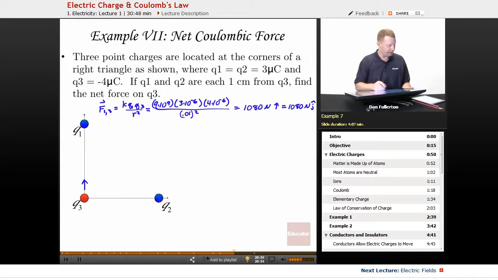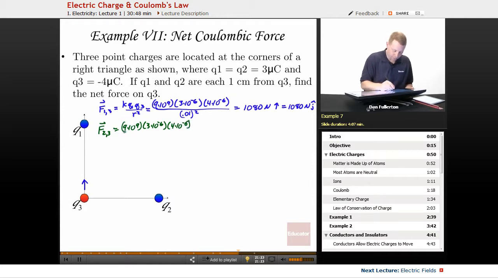All right, let's look at the force on Q3 due to Q2. So the force of 2 on 3 is going to be k Q3 Q2 over r squared, which is going to be 9 times 10 to the 9th again, times our first charge, 3 microcoulombs, 3 times 10 to the minus 6, times our second charge, 4 times 10 to the minus 6, all over the square of the distance between them again, 0.01 meters squared, or, again, 1,080 newtons.